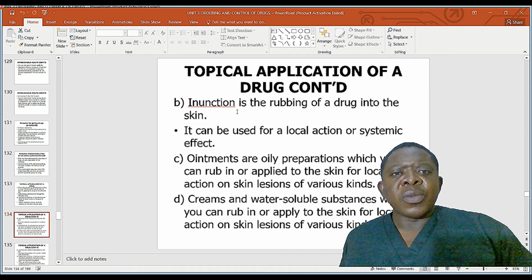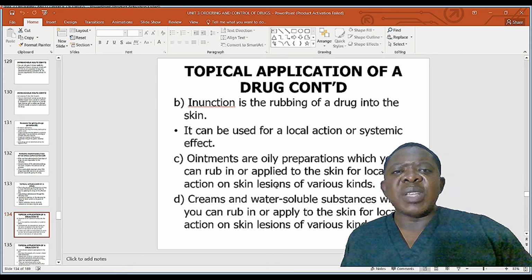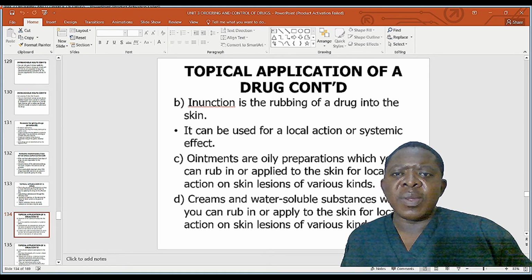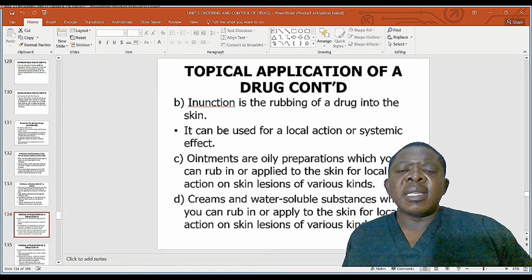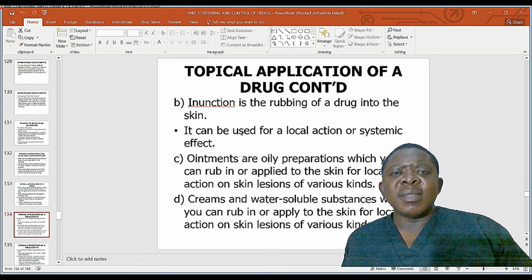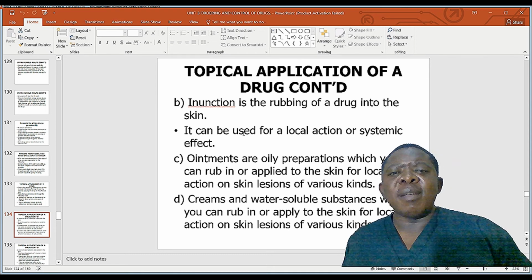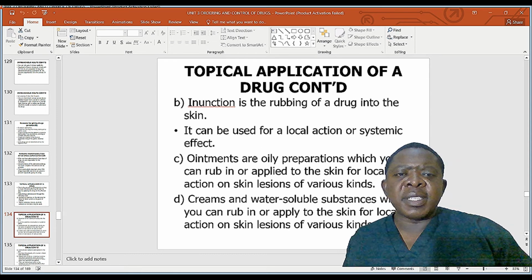For local action, you can use topical drugs on that area. For example, in anesthesia, you can have a topical spray. Of course, there are also injectable local anesthetics, but there are also sprays that can be used.